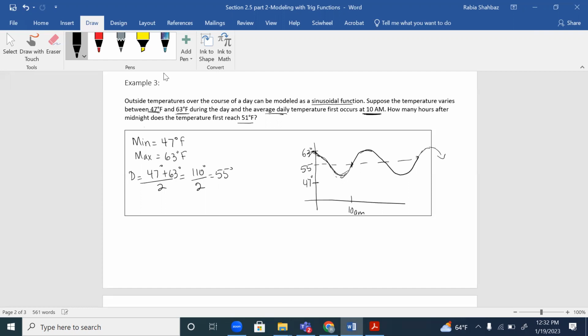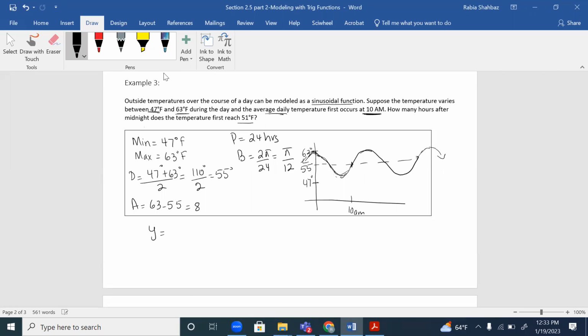So now let's go ahead and try to write an equation. Since this is an average daily temperature, our period is going to be 24 hours, which gives us the B value as 2 pi over 24, or pi over 12. So I have the A, which is 63 minus 55, as 8.